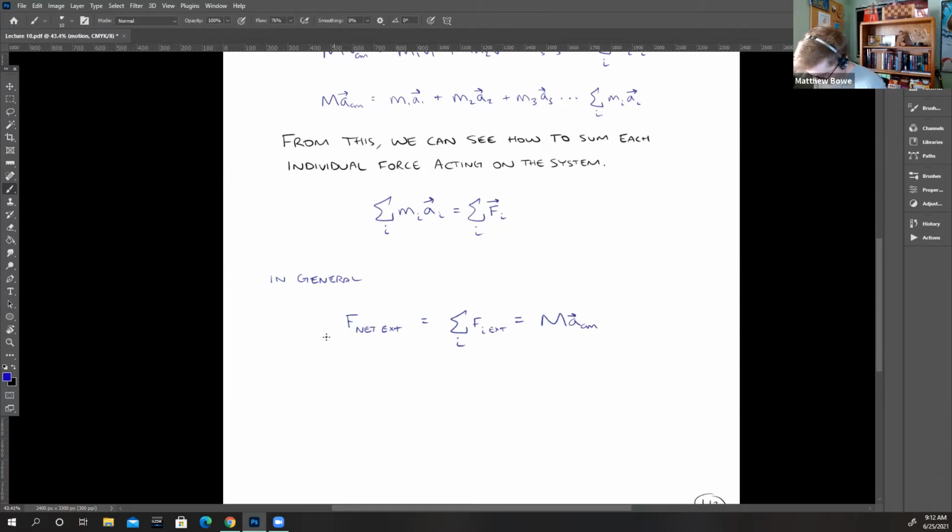So this is just me saying, if you add up all of the small tiny forces acting on all of the individual particles, you can figure out how the center of mass of the system is going to move. So I'll leave this as the total external force on the system.